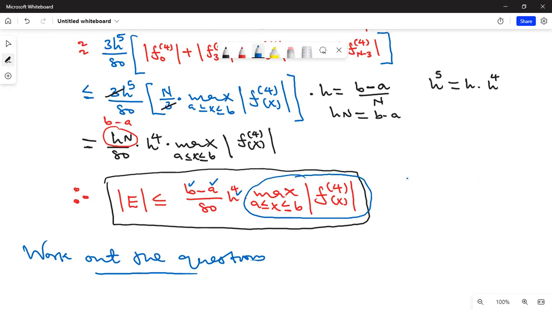So remember, I've not done this question. I've just explained what you need to do because I know you can do it. What was very important is knowing how to derive the formula for the Simpson's 3/8 rule and the truncation error bound. So do that and compare your answers.